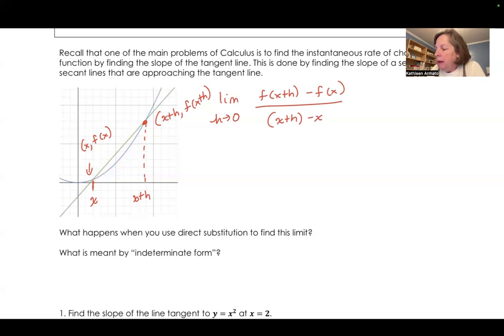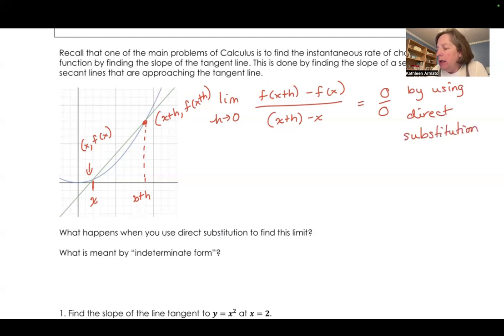Well, notice that as h goes to 0, this is just f of x. And then we have f of x minus f of x. And the denominator, as h goes to 0, we have x minus x. So if I try direct substitution, I get 0 over 0. And that's a problem. That is undefined.